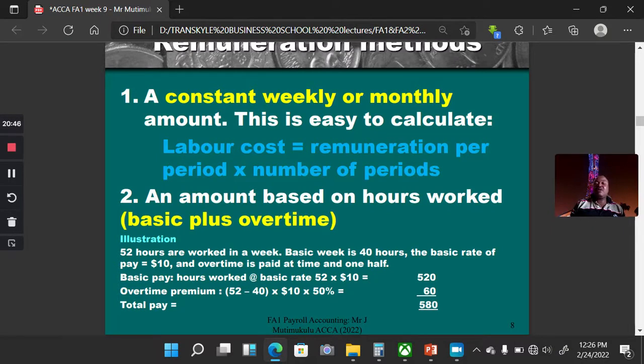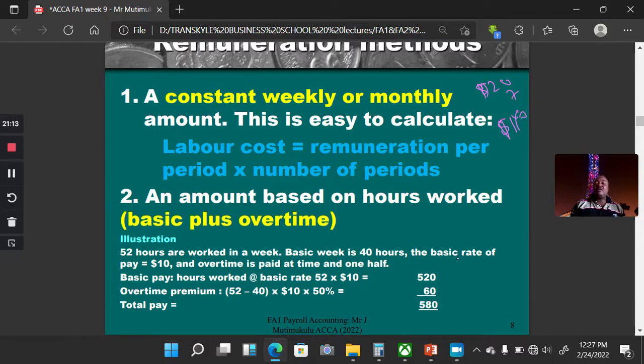For example, labor cost is equal to remuneration per period multiplied by number of periods. For example, an employee is said to be paid $20 a week. So in 7 weeks, he would be entitled to $140 as his gross wage.